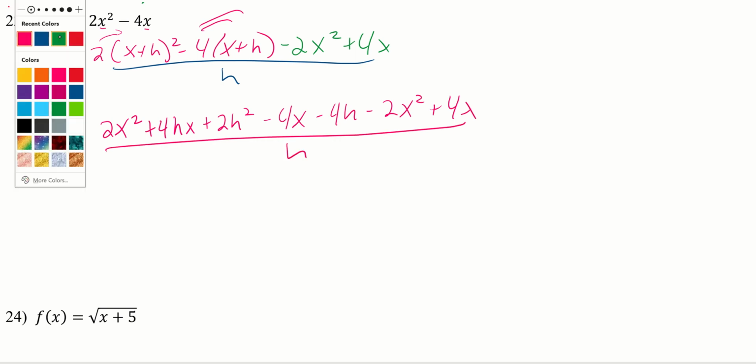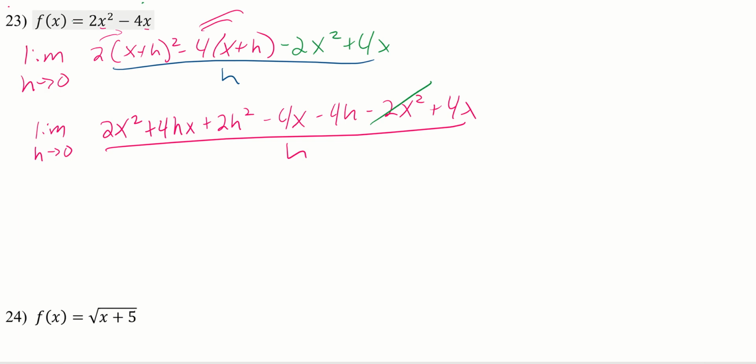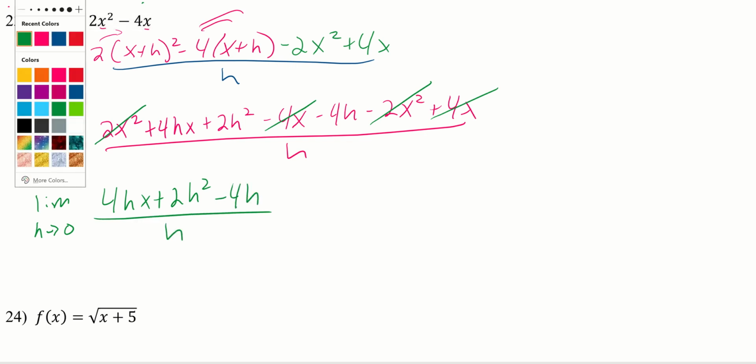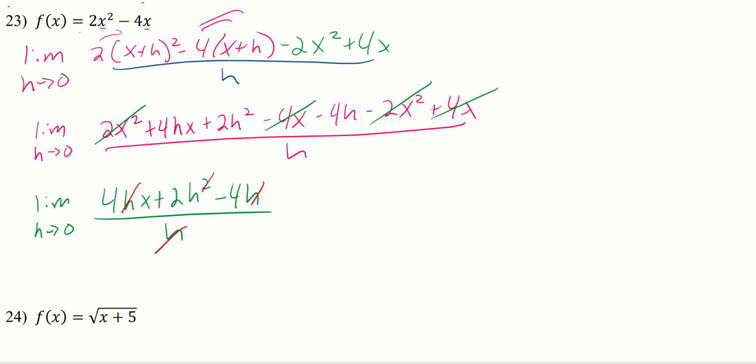Now go through, see what cancels. So this guy should cancel with this guy, and this guy should cancel with that one. So now I'm left with the limit as h approaches 0 of 4hx plus 2h squared minus 4h all over h. Now they all have an h in common, so we cancel those out.